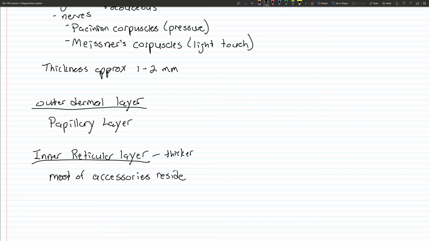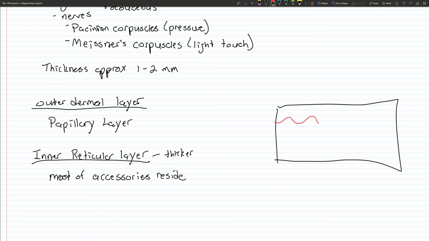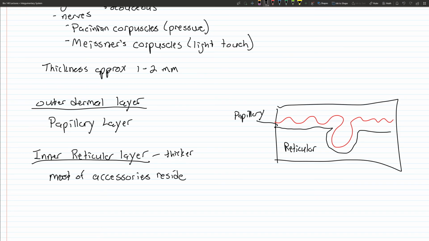So if we draw our box of skin again, and we have this wavy line, you can see up in this area here, this would be the papillary. And here this would be the reticular. Okay, so that's just how it goes out.